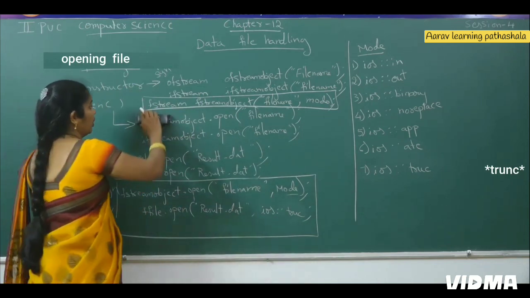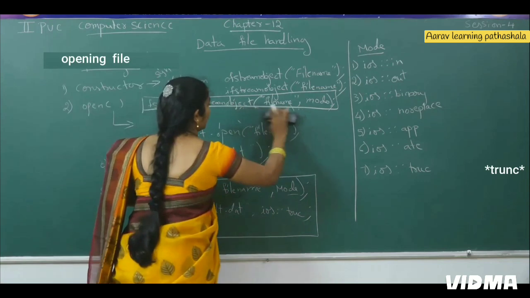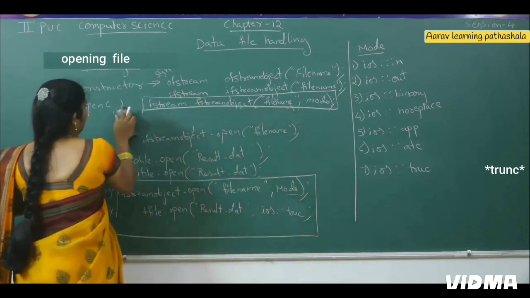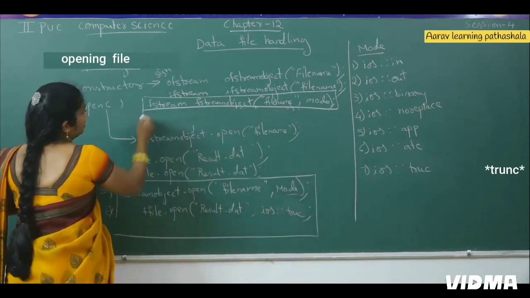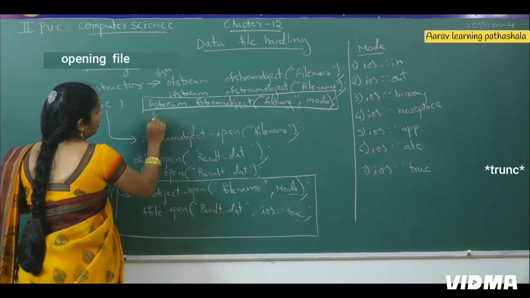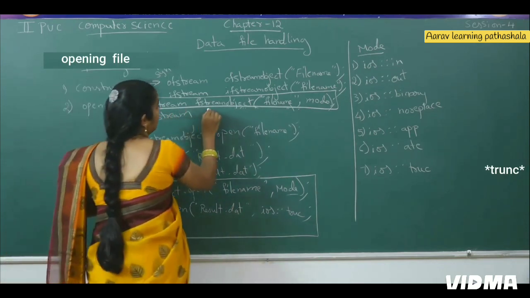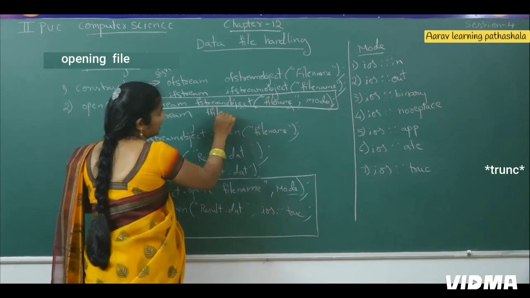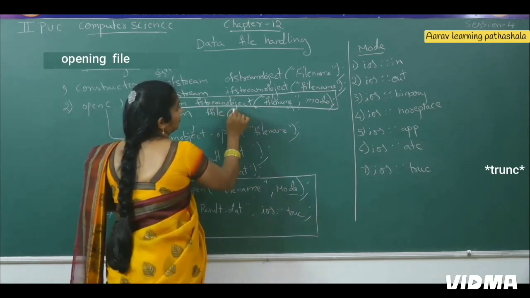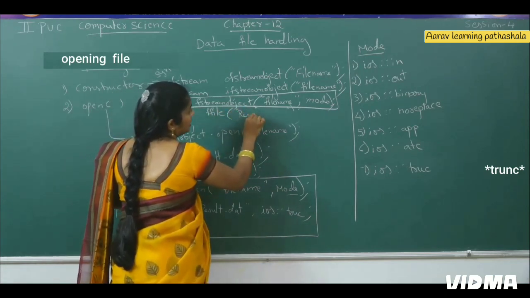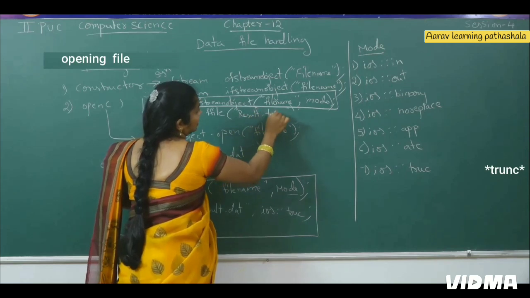Here also, if I want to write an example, how do I write the mode? In the same pattern, first fstream, then the fstream object. For example, fFile is the fstream object. Inside the double quotes, you have to write the file name, for example result.txt format.